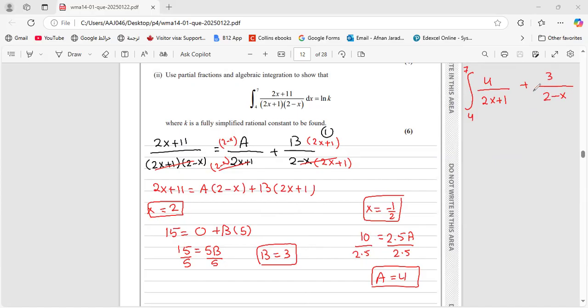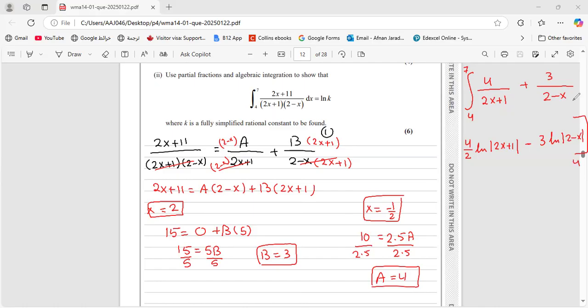The integration here: 4 over the coefficient of x, which is 2, so it will be 4 over 2 ln of the denominator 2x plus 1, and 3 over the coefficient of x, which is negative 1, so it will be minus 3 ln of the denominator 2 minus x.